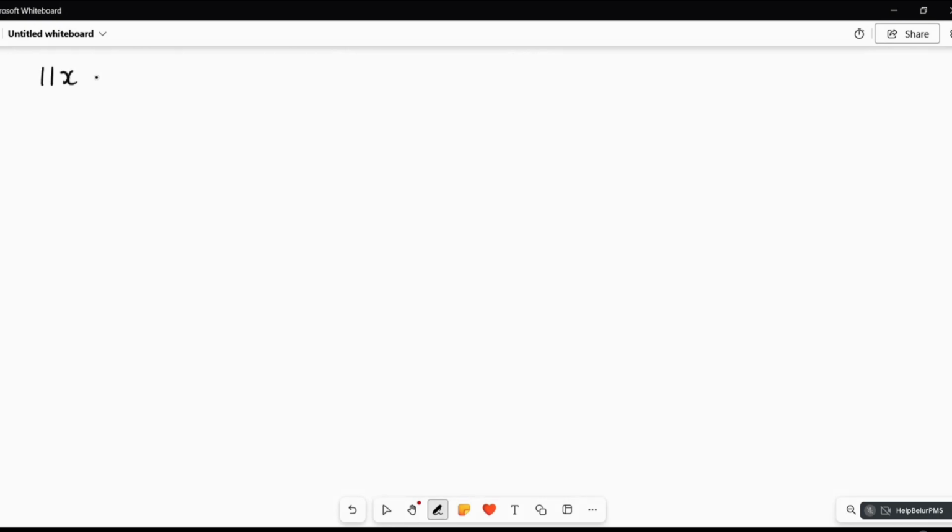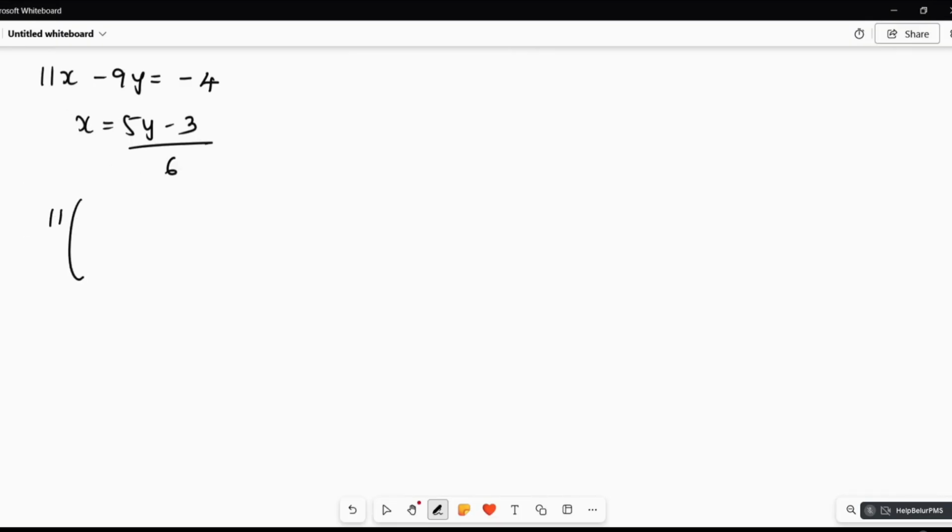First equation is 11x minus 9y is equal to minus 4, right? Then x is equal to 5y minus 3 by 6. Now instead of x, substitute this value.